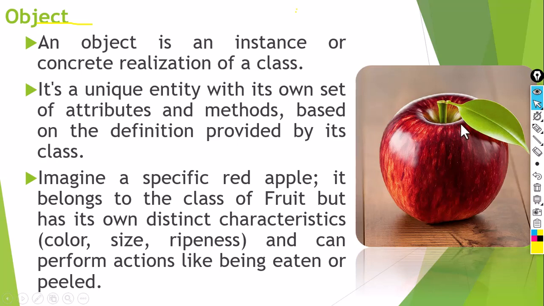What exactly is an object? Let me tell you, an object is a single member of a class, just like there can be many different red apples. A car class can have numerous car objects, each with their own color.